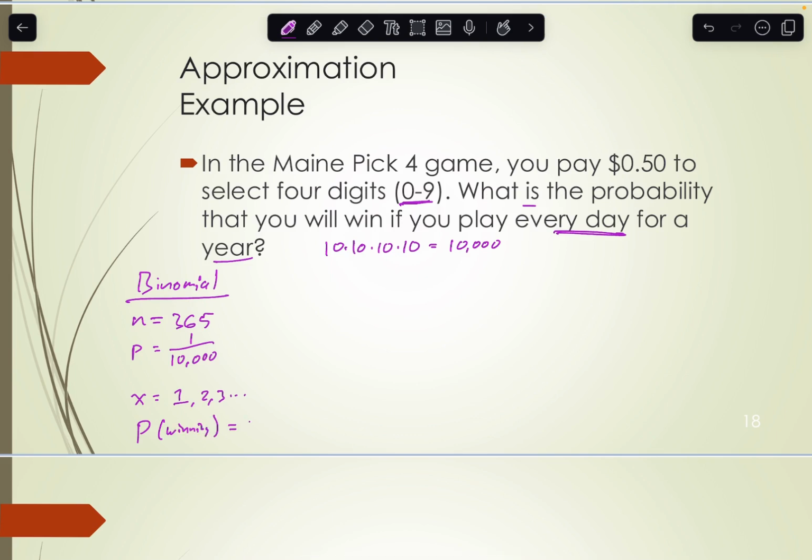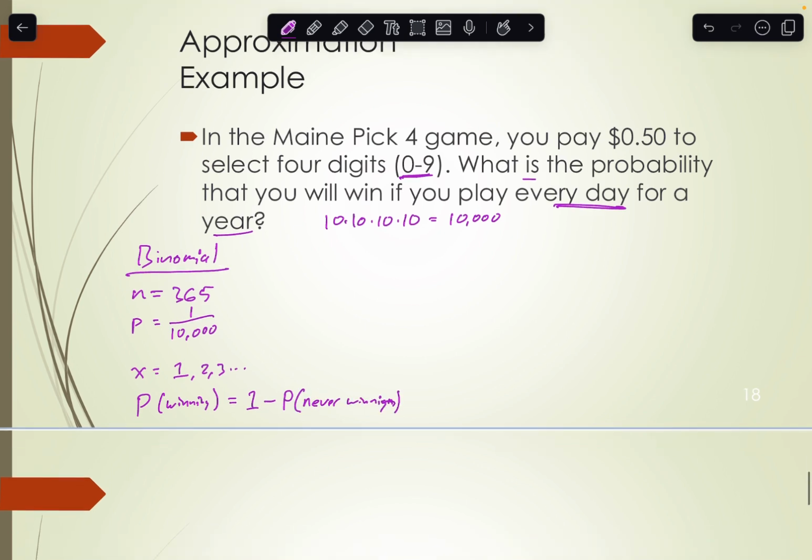Remember, at least once? This is winning at least once. That's 1 minus the probability of never winning. And so the probability of never winning is x equals 0, the probability of my binomial random variable equaling 0.